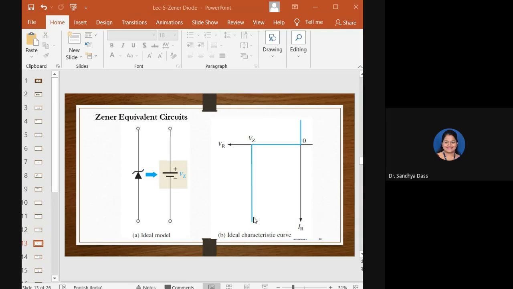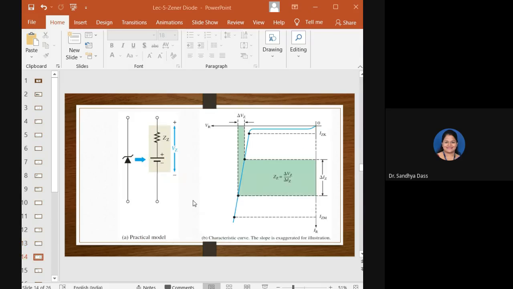That is what we have understood from the characteristics of the Zener diode, right? So this is the ideal characteristic. When a Zener diode reaches Zener breakdown, the voltage across it will be Vz, the Zener voltage. So ideally, the equivalent model replaces the Zener diode with a DC voltage supply of Vz.